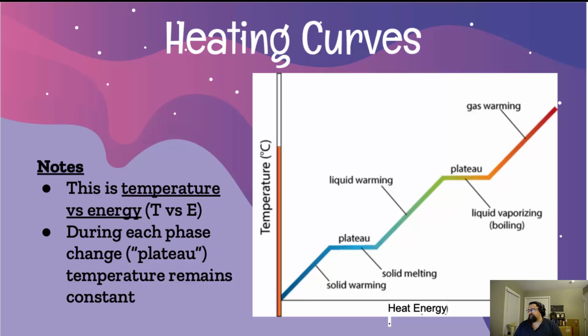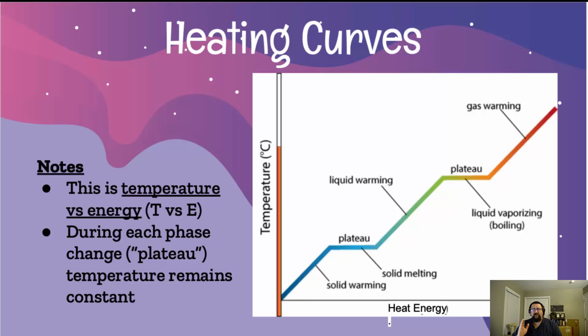This explains the process of what happens as you add energy to a system. We're specifically going to be talking about energy in the form of heat, and so we'll talk about temperature and heat.